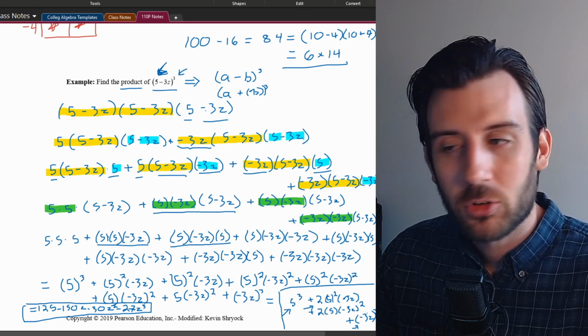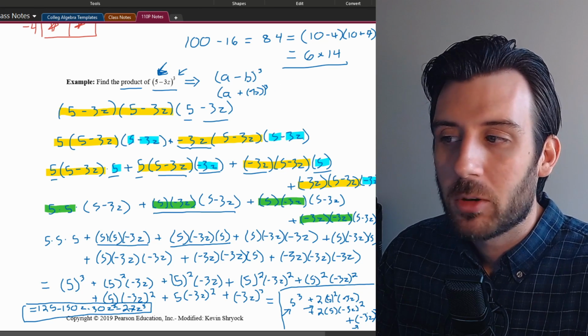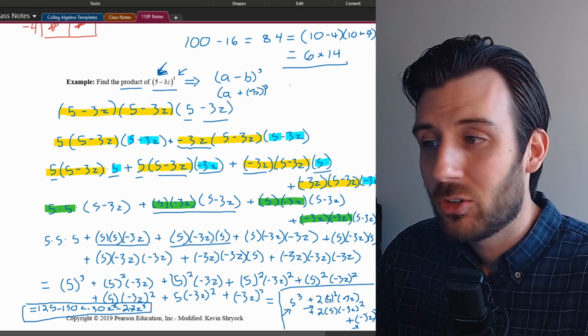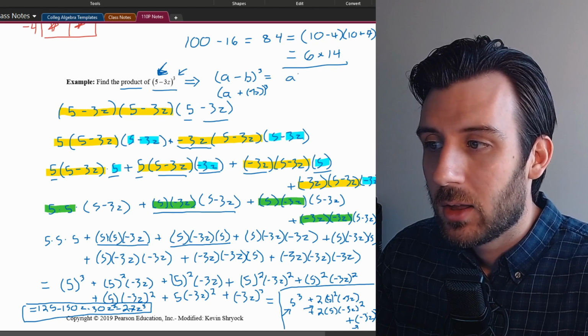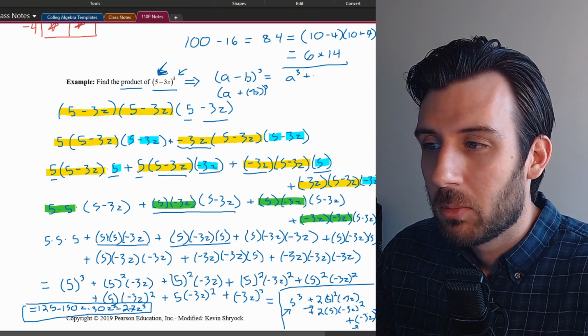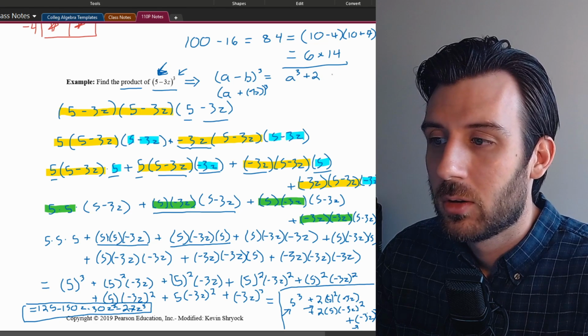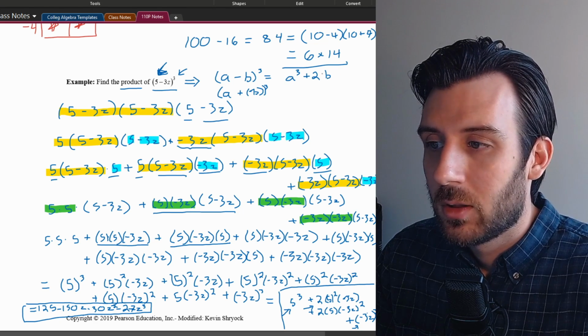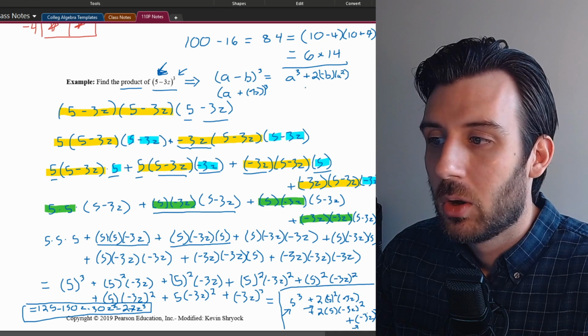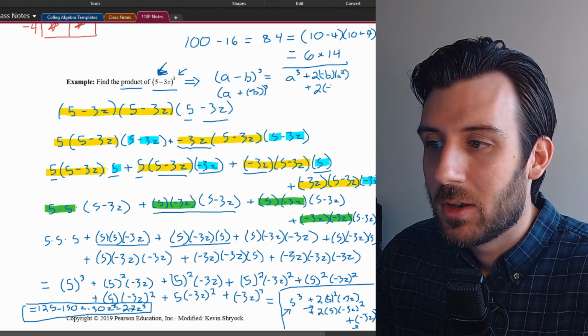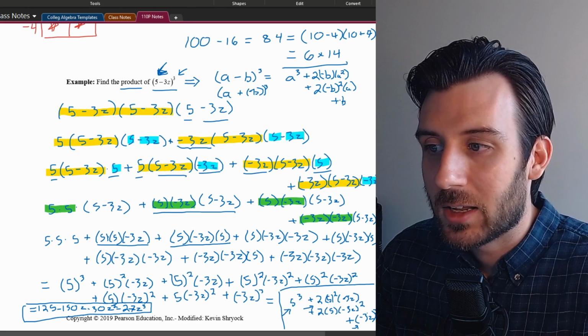Adding a negative is the same thing as doing subtraction. Either way you look at this, whether b is positive, whether b is negative, you can actually do some pretty cool work. You can say that this can be easily solved in one step to be a cubed plus 2 times negative b times a squared plus 2 times negative b squared times a plus negative b cubed, excuse me.